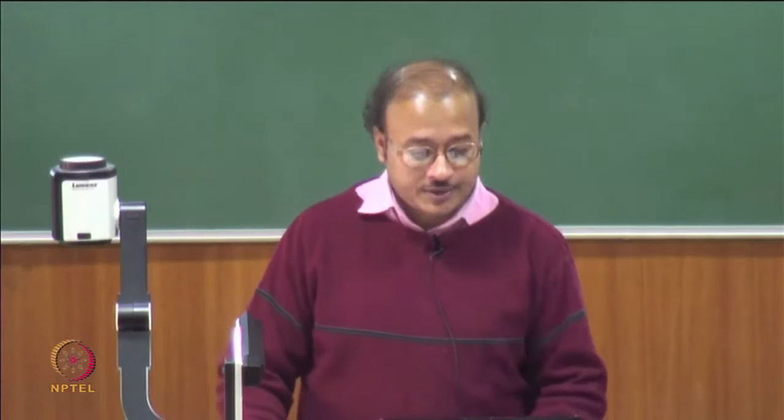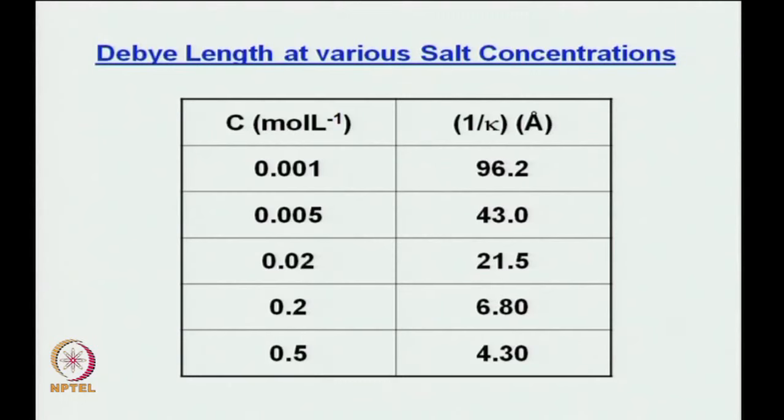Now, look at what happens to the Debye length at various salt concentrations. See whether this makes sense or not. If you have the concentration in moles per liter and then the Debye length on the right hand side, what happens to the Debye length as we increase the salt concentration? It decreases. Does it make sense to you? Why should it decrease?